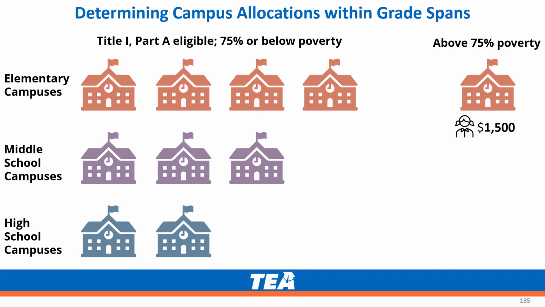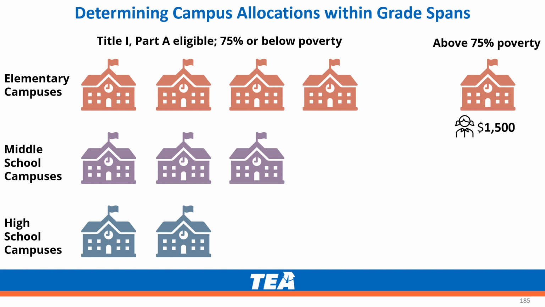When determining campus allocations using the grade span grouping method, the LEA must ensure that it allocates Title I Part A funds to its campuses with a poverty percentage above 75% first. If the LEA has funds remaining, the LEA has the discretion to allocate the remaining funds by grade span.